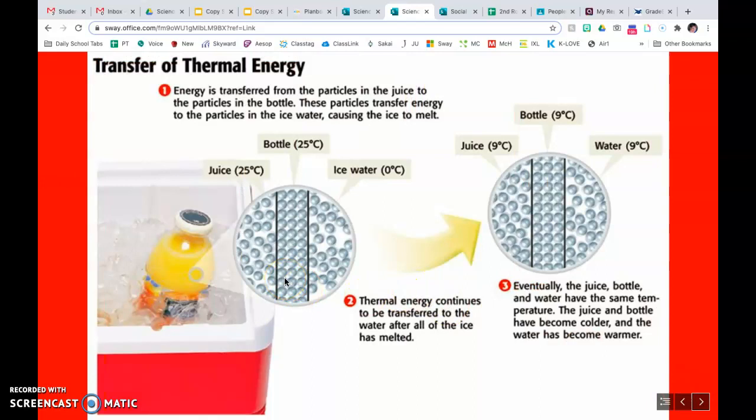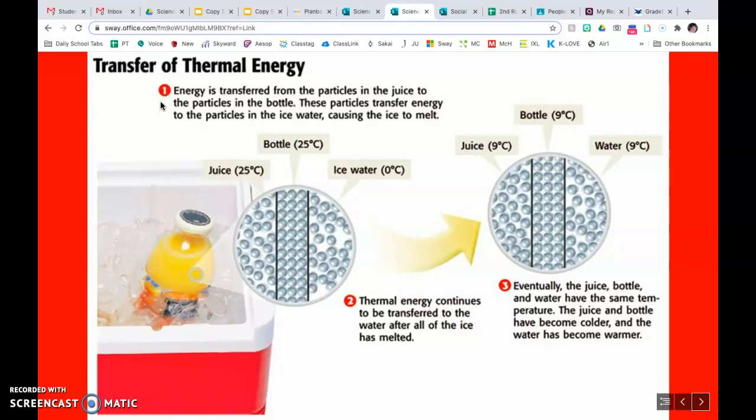So here's a real-world example of the transfer of thermal energy. We have an ice chest or cooler with a drink in it. And you can see the motion of the molecules that we've been talking about. Energy is transferred from the particles in the juice, because they're warmer, to the particles in the bottle. These particles transfer energy to the particles in the ice water, which causes the ice to melt.